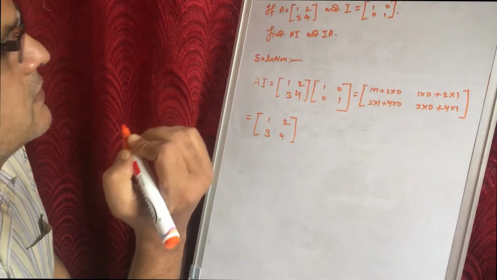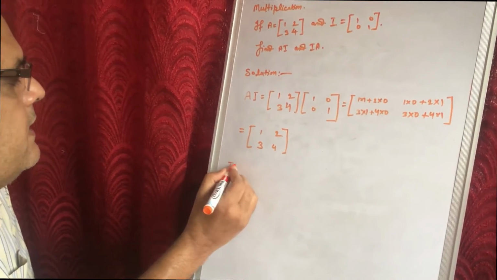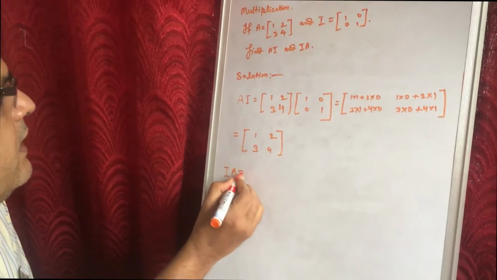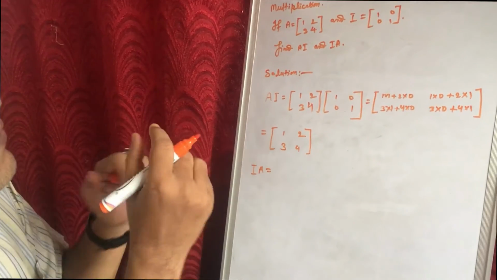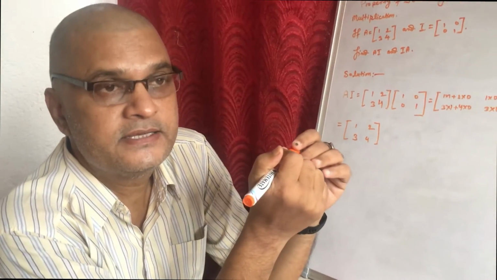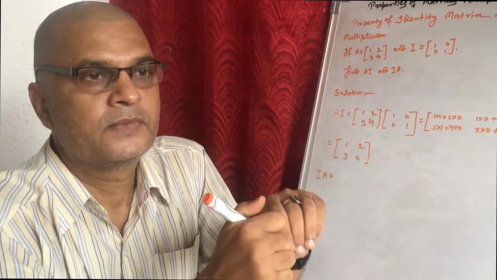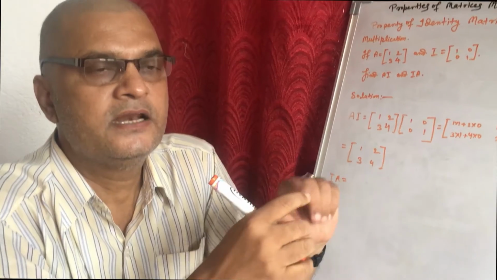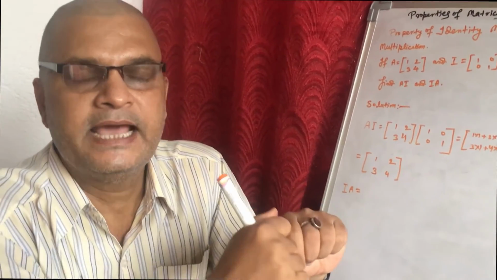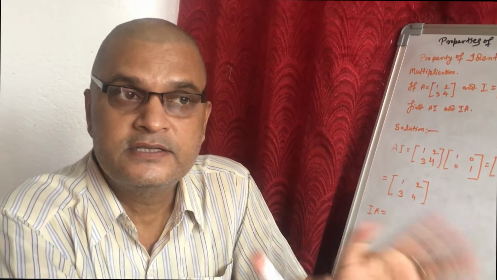is equal to this. Now I have to find out the value of IA, I into A, where I is an identity matrix. You know the definition of the identity matrix. Identity matrix is a matrix in which the diagonal elements are 1 and other elements are 0.